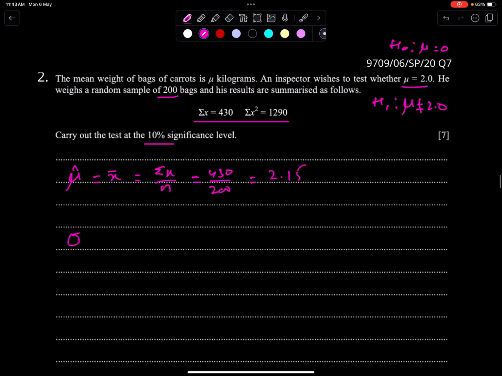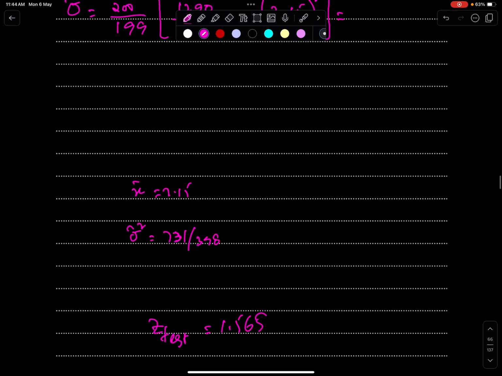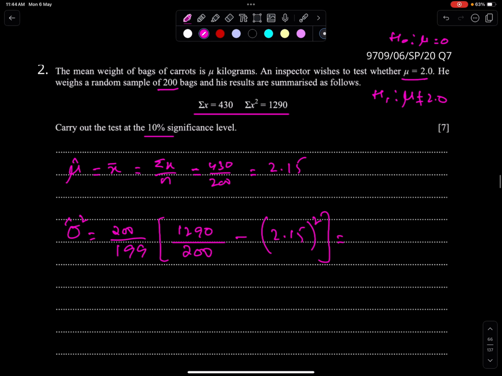Sigma cap square is 200 upon 199 times 1290 upon 200 minus 2.15 whole square. You have done this in sampling. And the answer of this is 731 over 398.